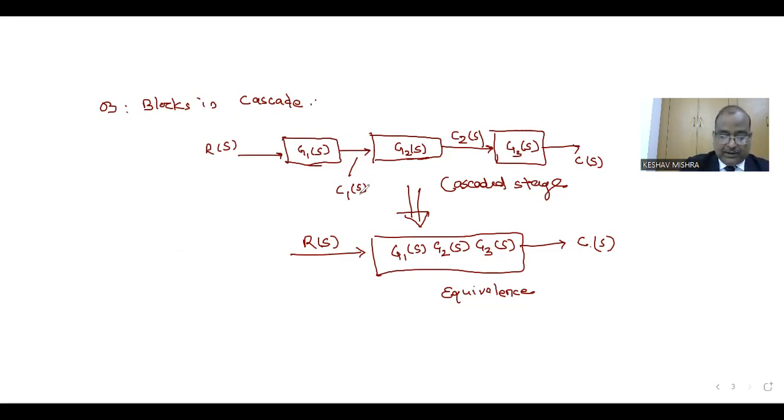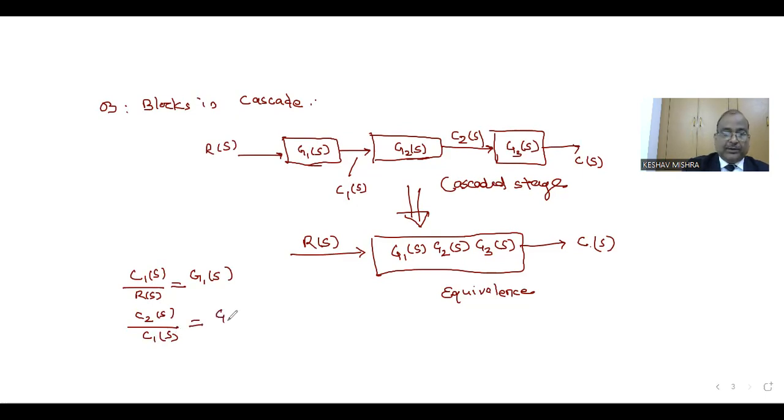So how can we find the output of this stage? For the first stage, the output is C1(s), the input is R(s), and the transfer function is G1(s). Similarly, for the second stage, the output is C2(s), and the input is taken as the output of the first stage, that is C1(s).